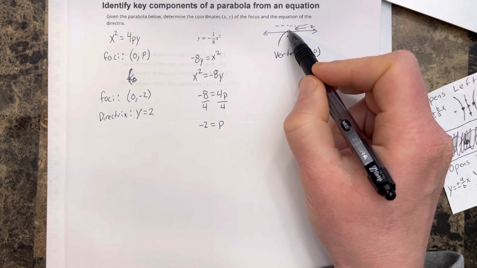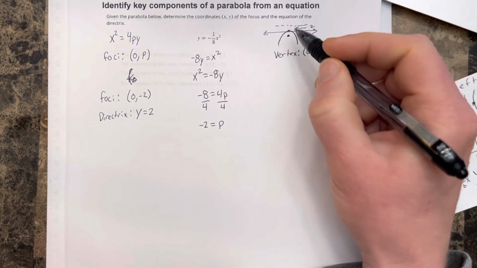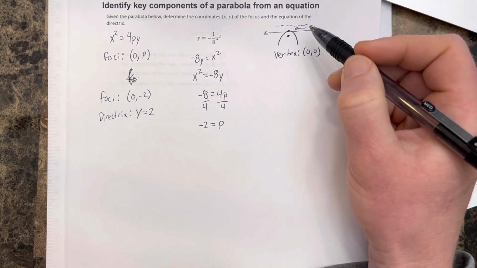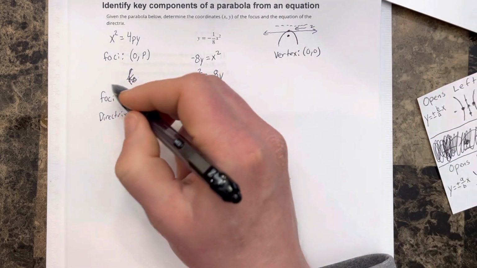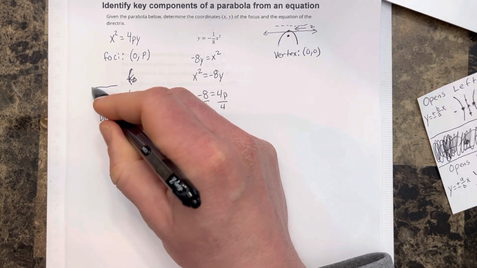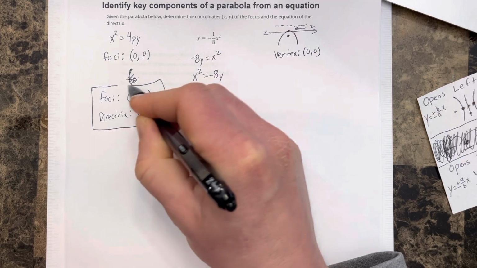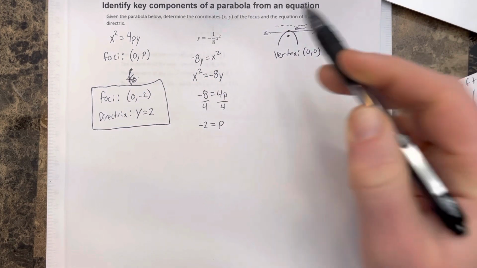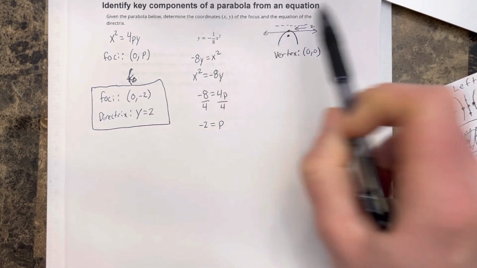Because y equals 2 would be exactly 2 units from the vertex, just like the foci is exactly 2 units in the y direction from the vertex. So those are our two key components from that equation.